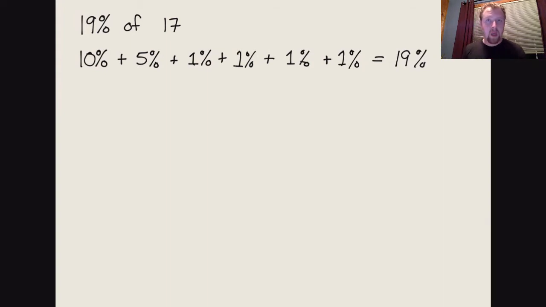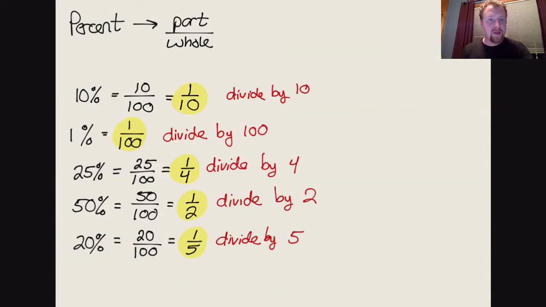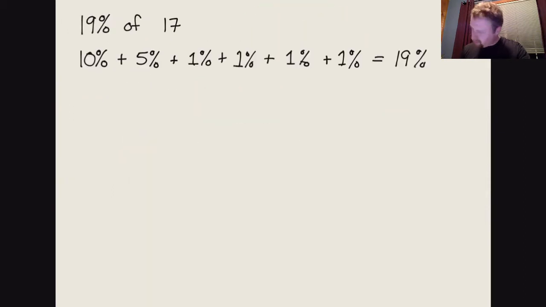Now, what I'm going to do is go ahead and use my table here, and I'm going to say, well, 10%, you really just divide by 10. So I take 17 and I divide it by 10. Okay. And that's going to equal 1.7.